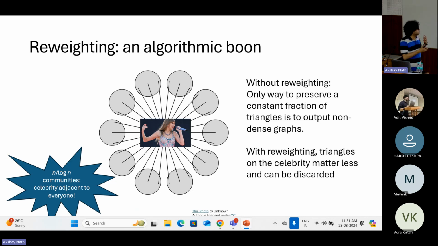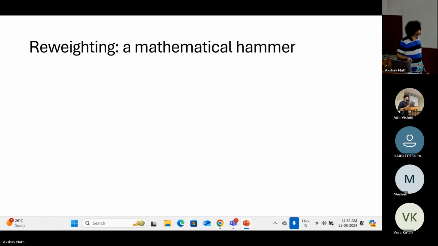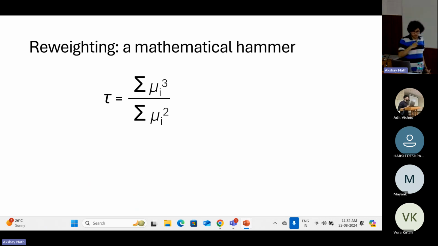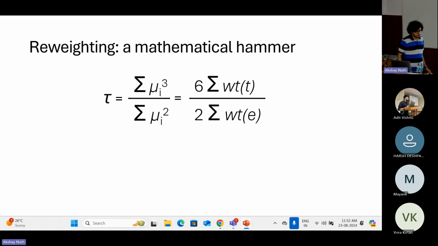This is why the reweighting turned out to be a very significant algorithmic boon, because it told us the right metric to look at is this. Also, it turned out to be a very nice mathematical hammer because it gave us a combinatorial algorithm and related that to the spectrum. Now, how does it do that? If we take this tau, you can show that with the weighting scheme I had earlier, this is essentially a ratio of triangle weights over edge weights.